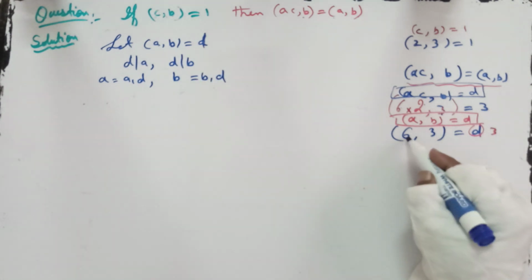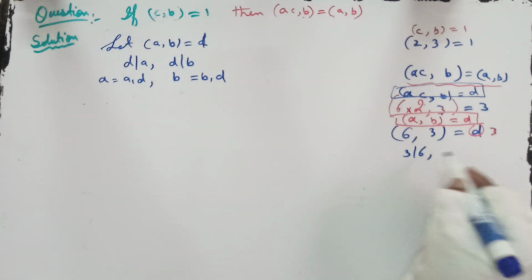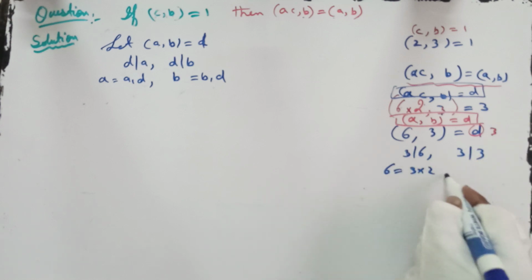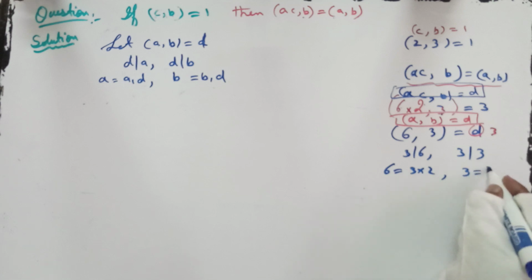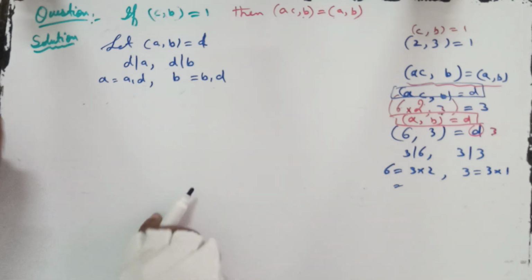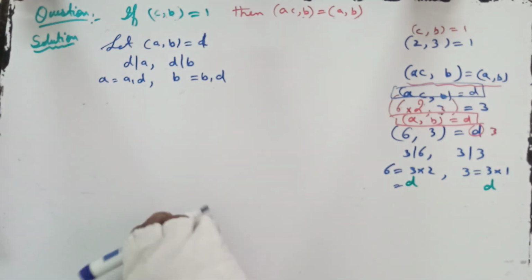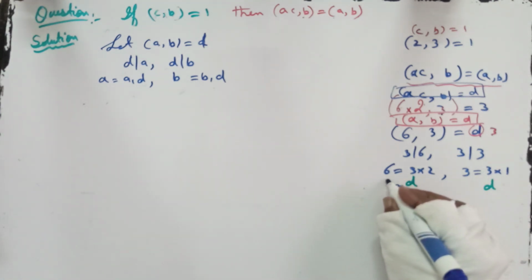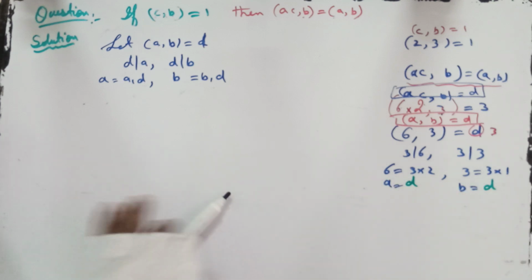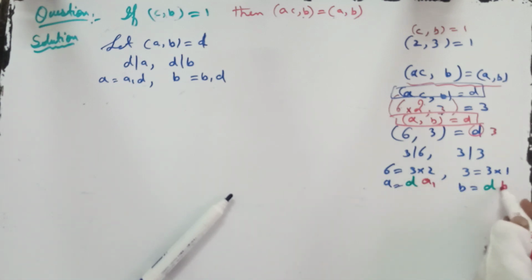Here you can see this is A, this is B, this is D. If 3 divides 6 and 3 divides 3, then 6 can be written as 3 multiplied by 2, and 3 can be written as 3 multiplied by 1. Here this is D, this is D, this is A, this is B, and this is A1 and this is B1.